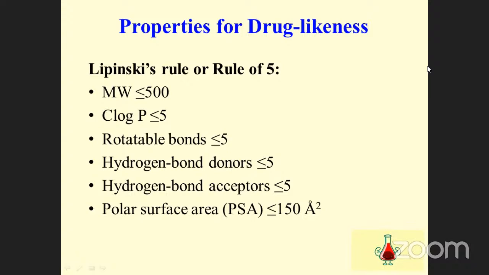But this doesn't mean as soon as the molecular weight is 502 or 503, it is toxic. This is not. This is just a guideline. They're just saying that try to keep it in the range of 500, because certain drugs are in the market whose molecular weight is more than 600. But one of the factors which increases toxicity is associated with molecular weight. So that's why in future we'll keep it as low as possible, preferably below 500.